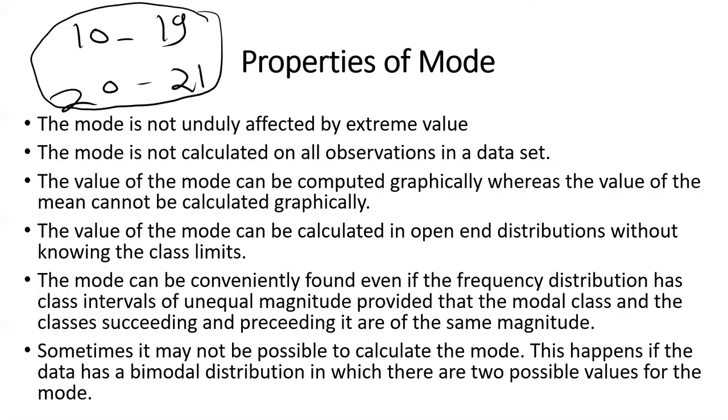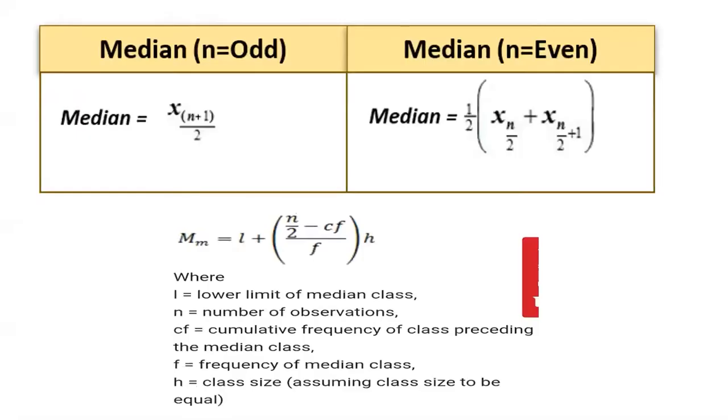Then the last one is that sometimes it may not be possible to calculate the mode. Sometimes the mode is difficult to calculate if the data set has a bimodal distribution. Bimodal means there are two possible values for the mode.